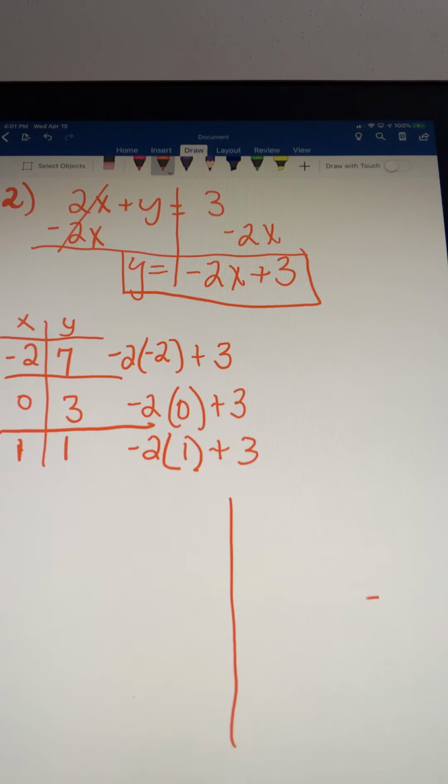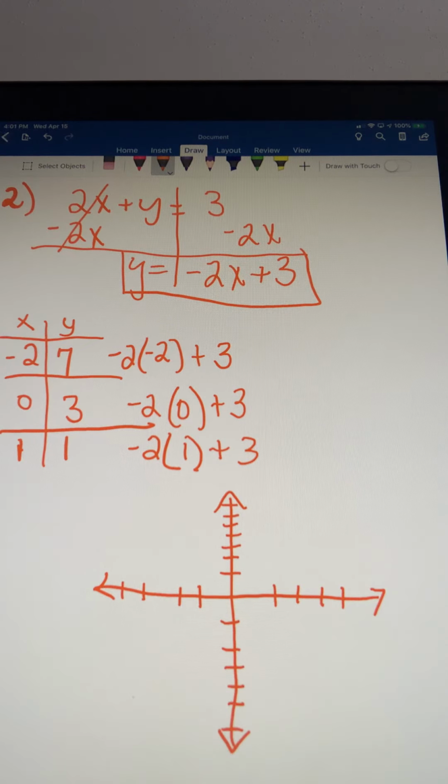Make your graph. You have to graph these or you lose points. So let's put some values on my x and my y. And let's start. First, negative 2, go up 7 and put your dot.